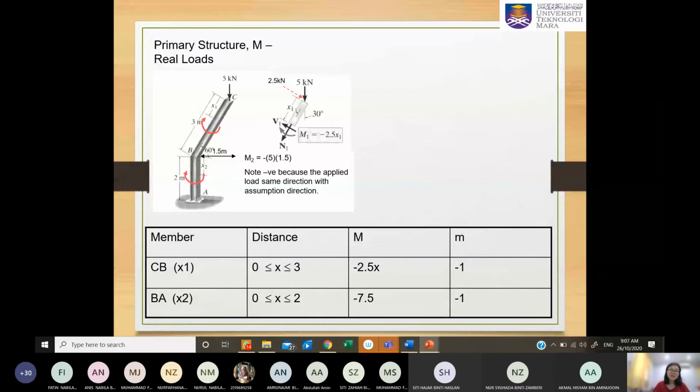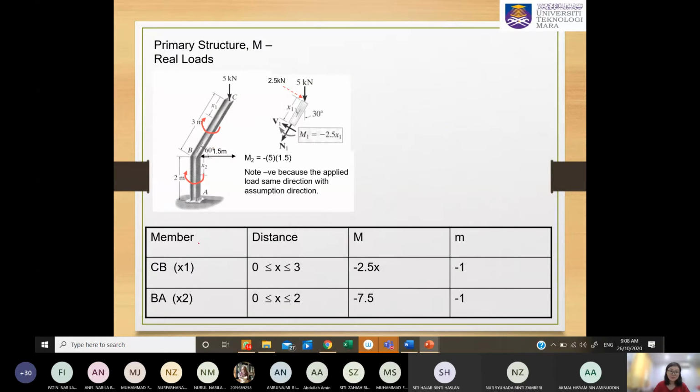As mentioned, we need to cut at least once in each member. So we cut once at AB and once at BC. Then there is no differential loading within that member, so you just need to cut once.